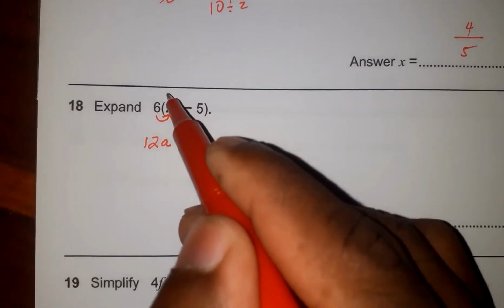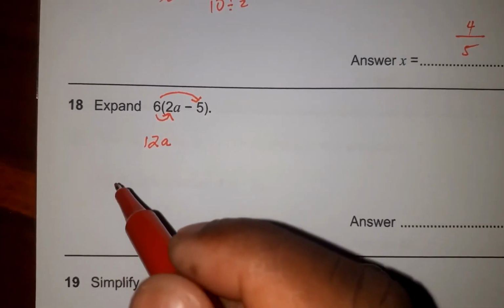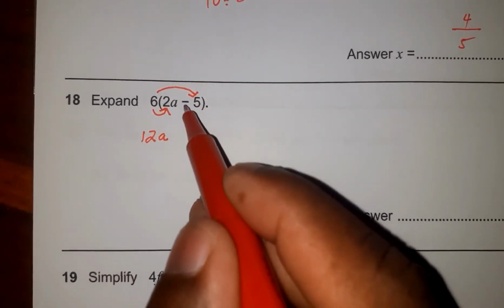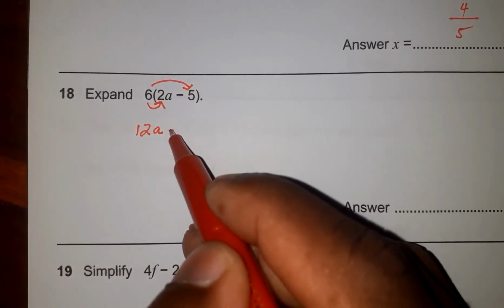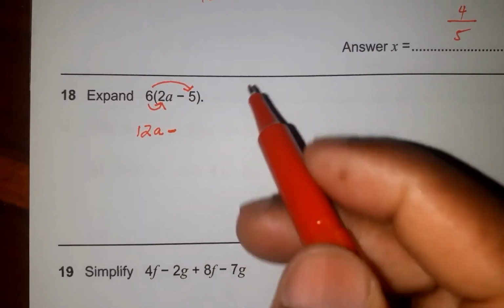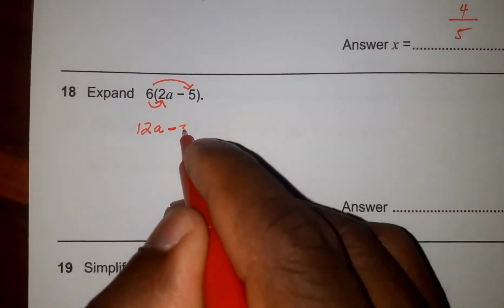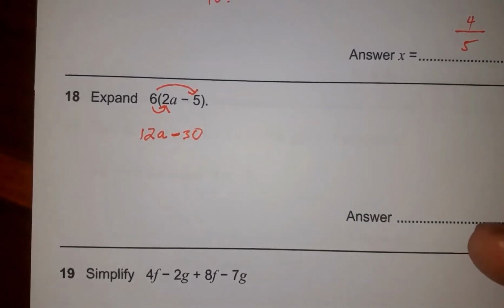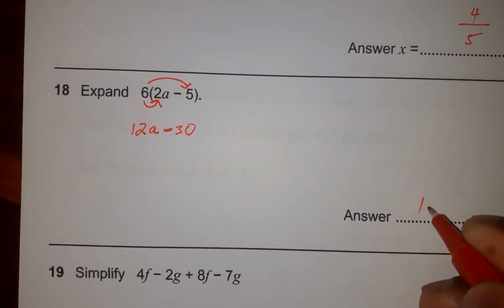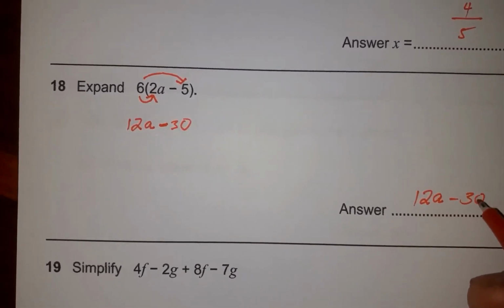And then we also multiply 6 times -5. Don't forget the negative. Then 6 times 5 gives us 30. So you write the answer, 12a minus 30.